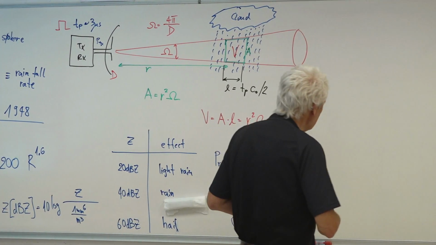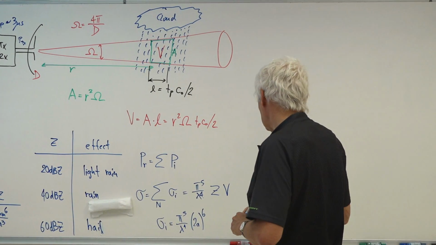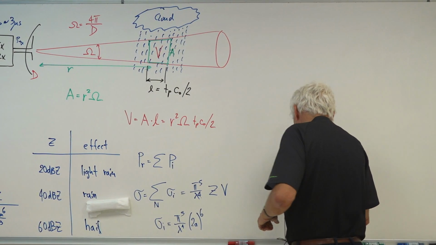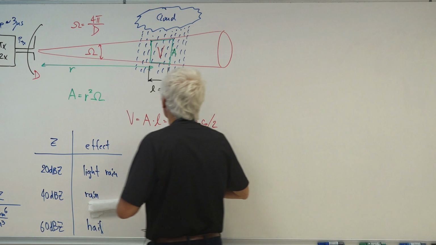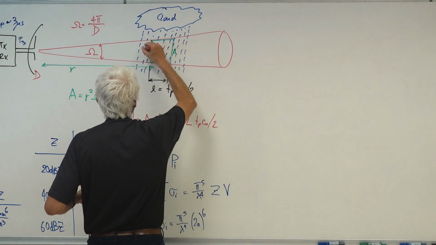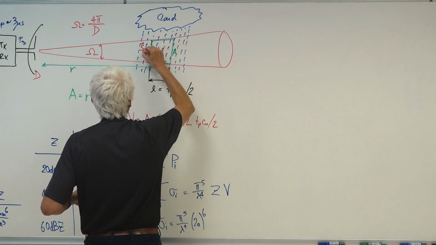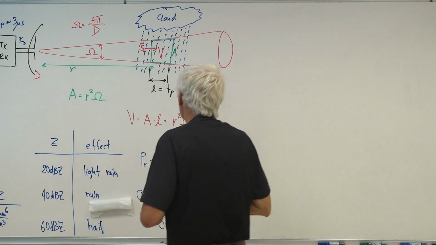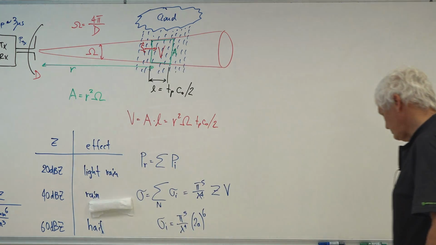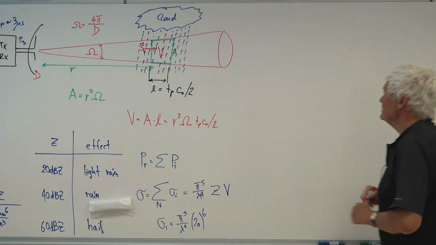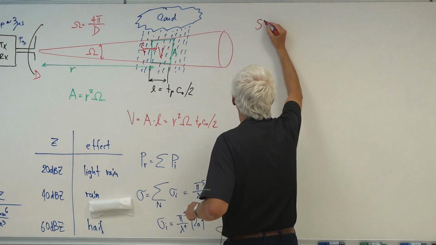This power is now, I want to see what the actual S0 is. I'm illuminating my volume. What is now S0? I will write it without the vector sign.